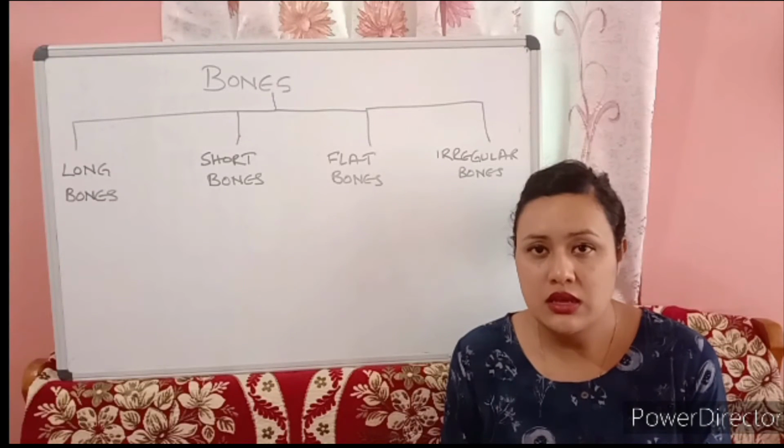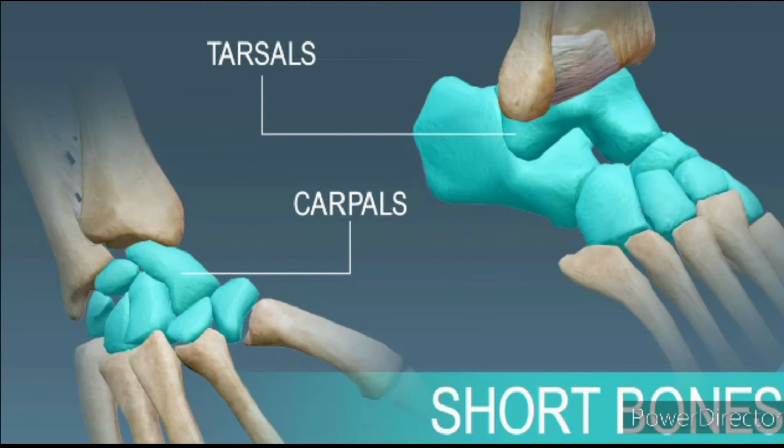Now the second one, the short bones. Short bones are wide and spongy, and they provide support and stability with little movement.